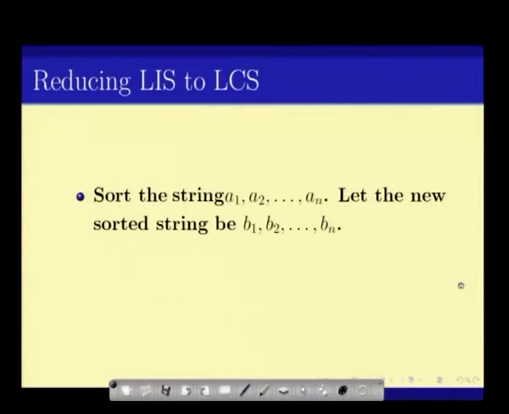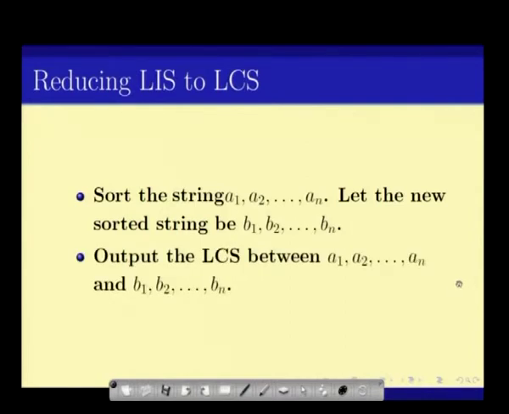Here is the algorithm. First, sort the string a1 to an. Let the sorted string be b1 to bn. I output the longest common subsequence between a1 to an and b1 to bn, and I claim that this is my answer.